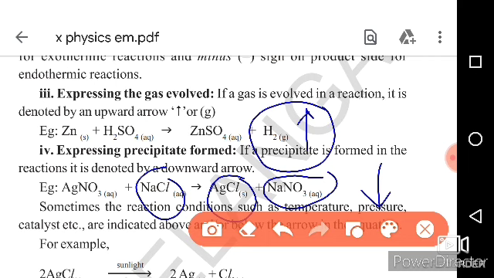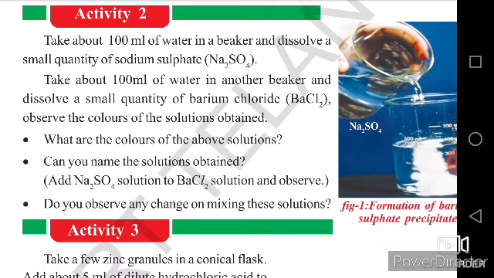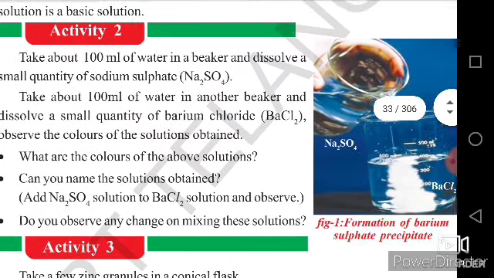It is insoluble. So we can see clearly in activity. Here we have two activities, 2 and 3. So first let us observe activity 2. In activity 2, take about 100 ml of water in a beaker and dissolve a small quantity of sodium sulfate, Na2SO4. Next, take about 100 ml of water in another beaker and dissolve a small quantity of barium chloride, BaCl2, and observe the colors of the solutions obtained.